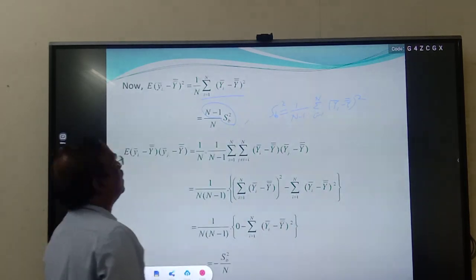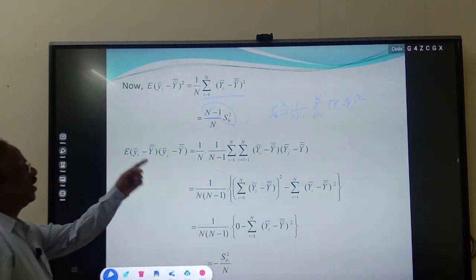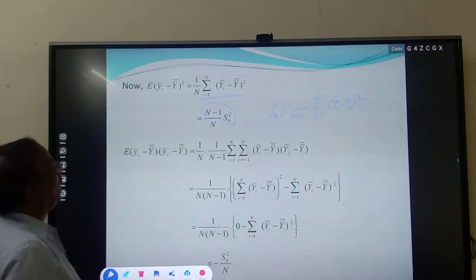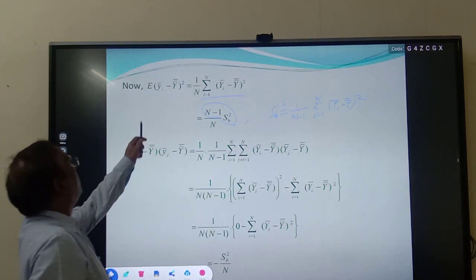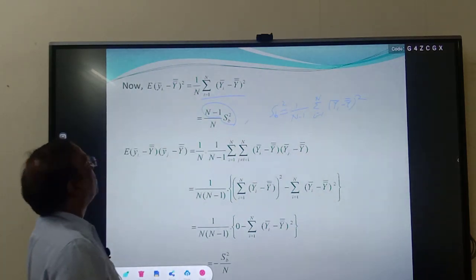We have already defined the sum of squares between cluster means. So it can be written in this form.